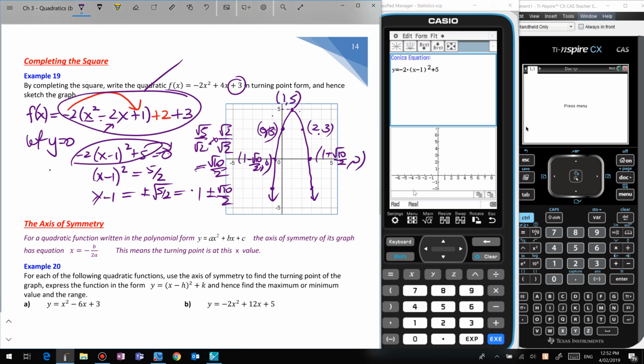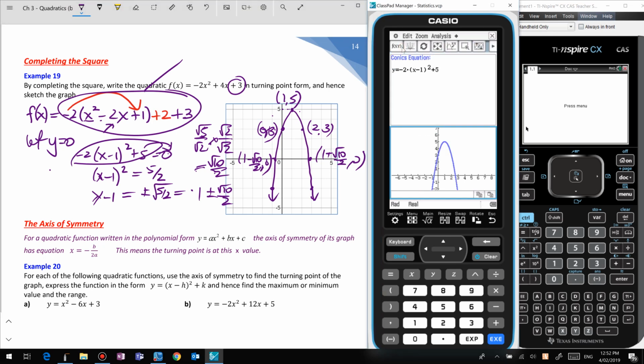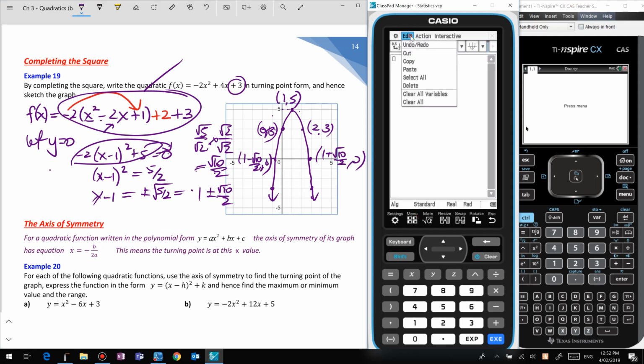Oh, that one there, sorry. You can sketch it, so you can see that's where it is. If we wanted to solve it, we could just grab this, edit copy, go out into the main, paste, equals 0.